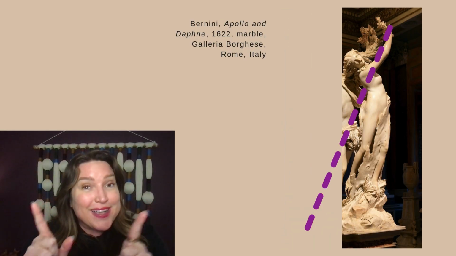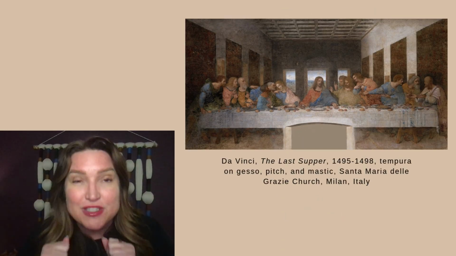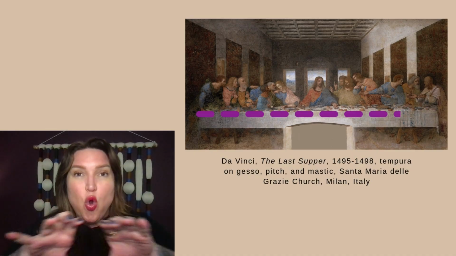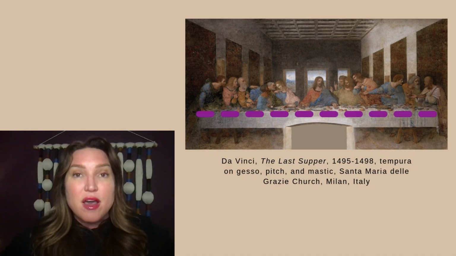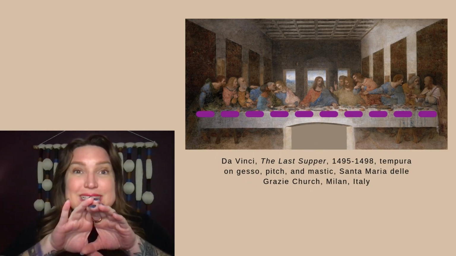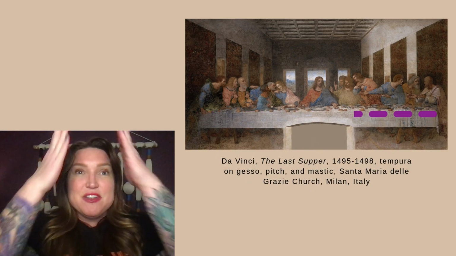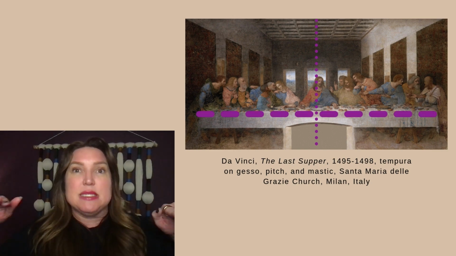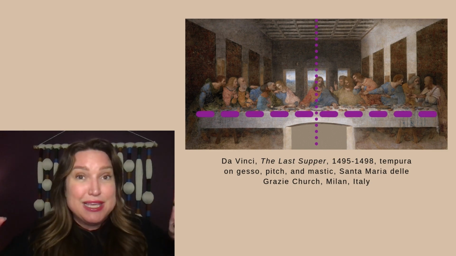In contrast, check out Leonardo da Vinci's Last Supper. We have this very strong horizontal line of the table with the white tablecloth on it. That creates a sense of stability. It's a very symmetrical composition, and the horizontal line is a stabilizing force in the image.